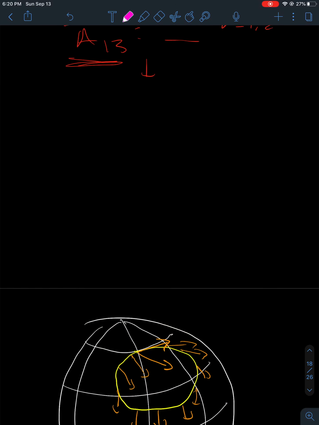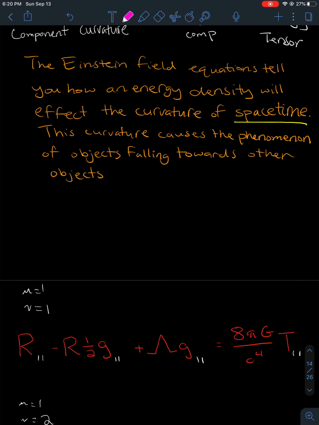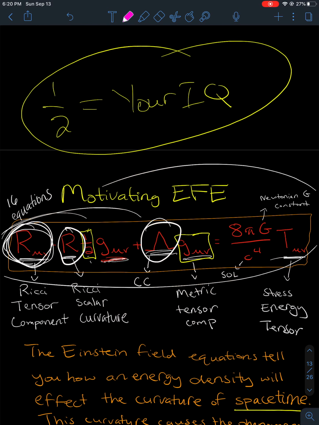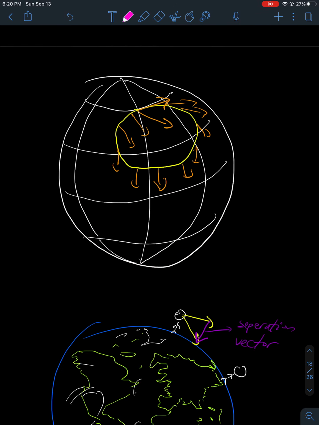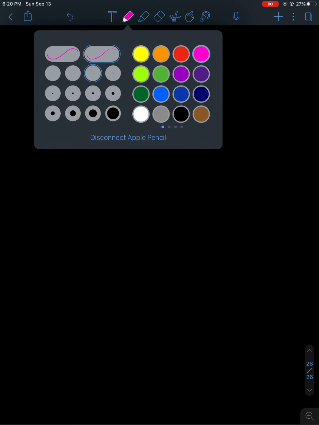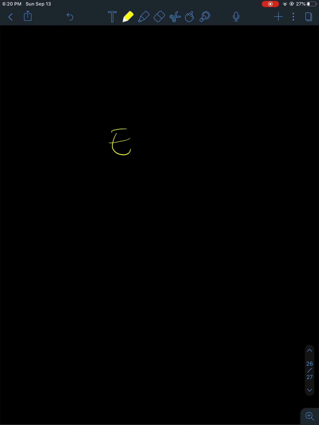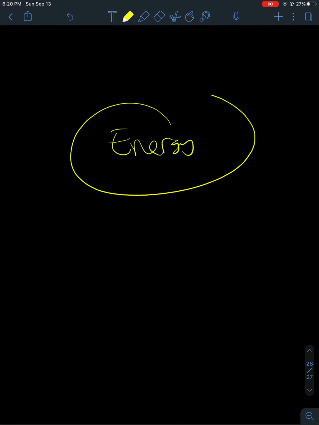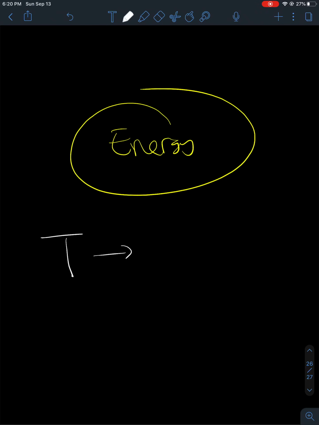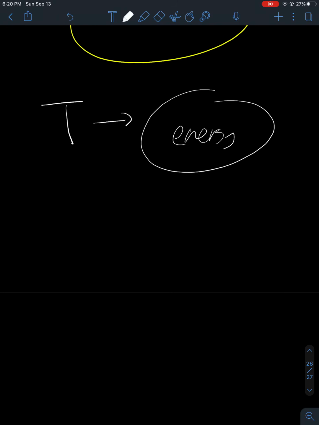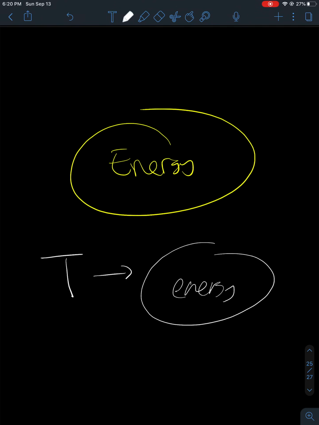Our last tensor that we're going to deal with is called the stress energy tensor. And that deals with the energy density of your space. It just tells you the energy in a space. Okay?